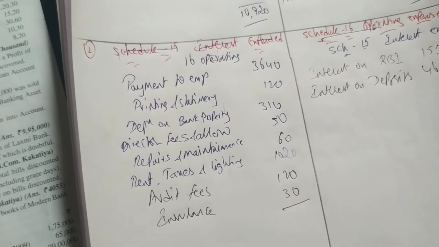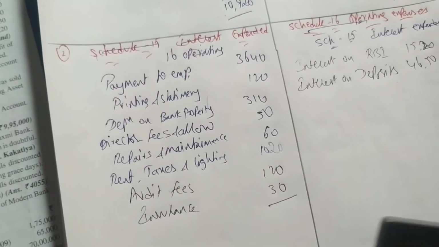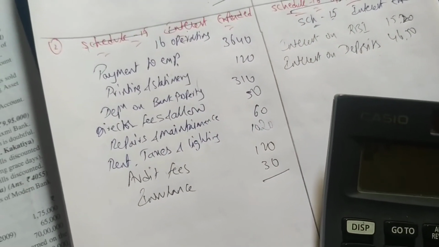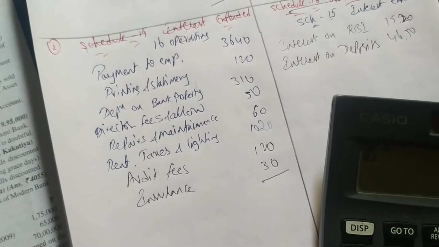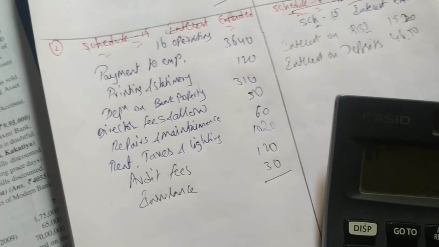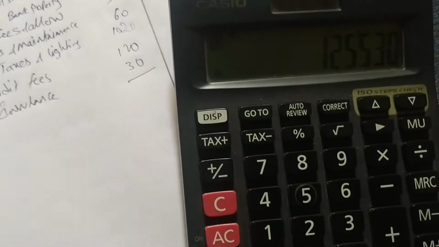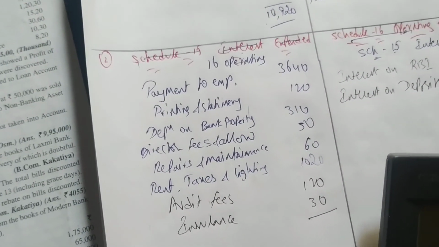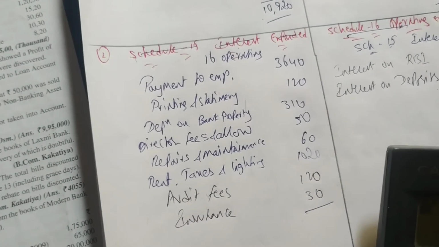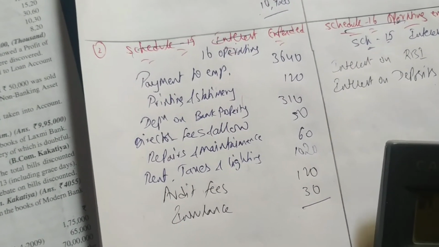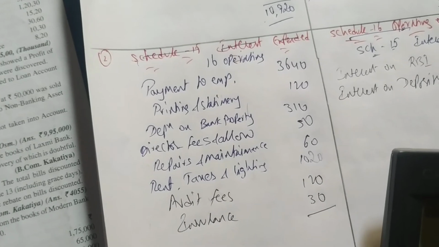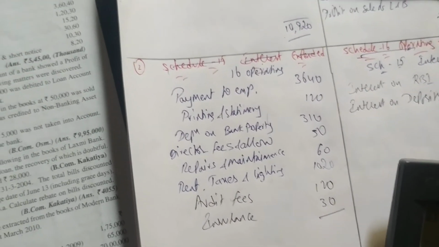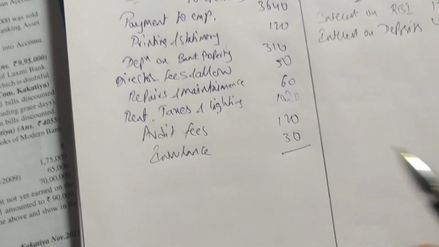So operating expenses total is 3640 plus 120 plus 310 plus 50 plus 60 plus 1020 plus 120 plus 30. Wait, 3640, 120, 310, 50, 60, 1020, 120 and 30. 5350. The total of operating expenses is 5350.